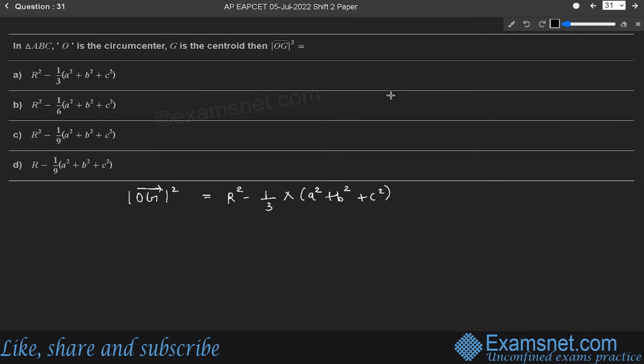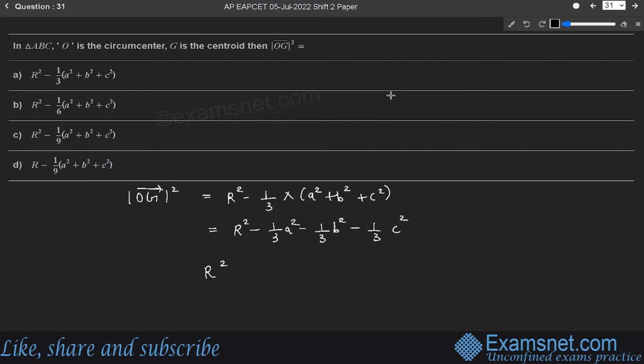Now multiplying 1 by 3 inside the bracket, so it will be R square minus 1 by 3 A square minus 1 by 3 B square minus 1 by 3 C square.